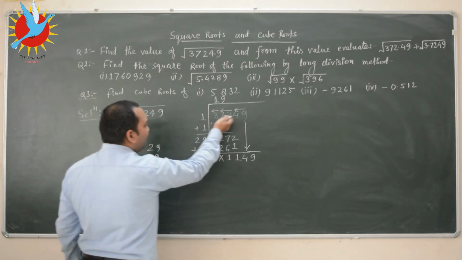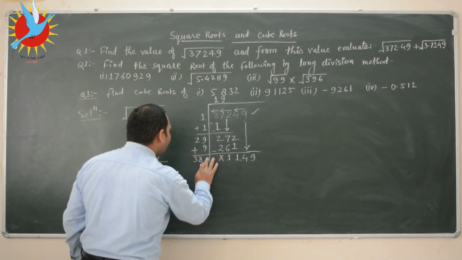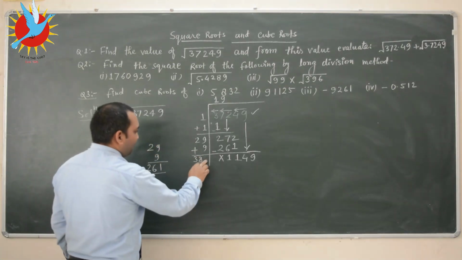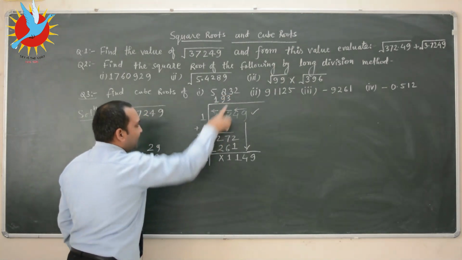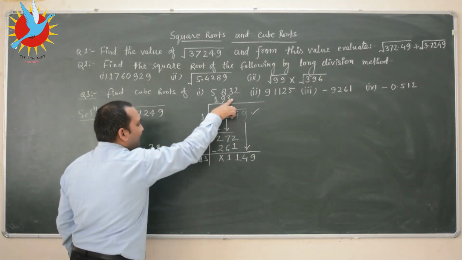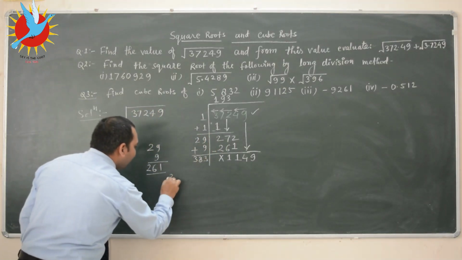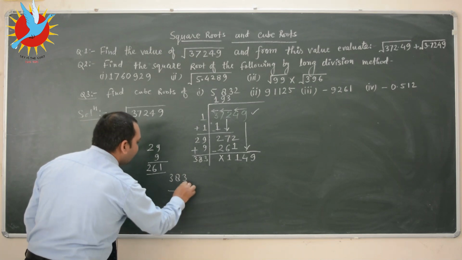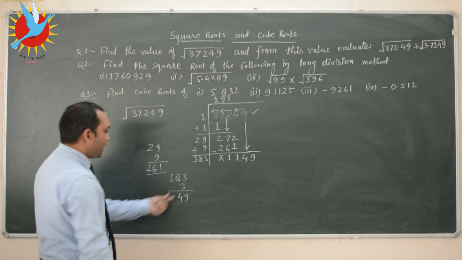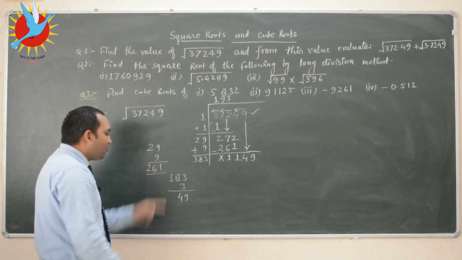If it is a perfect square then it will be exactly divisible. We take 3, since 3 threes are 9. First we try this number: 383 into 3. 3 threes are 9, 3 eights are 24, carry 2, 3 threes are 9 and 2 is 11.